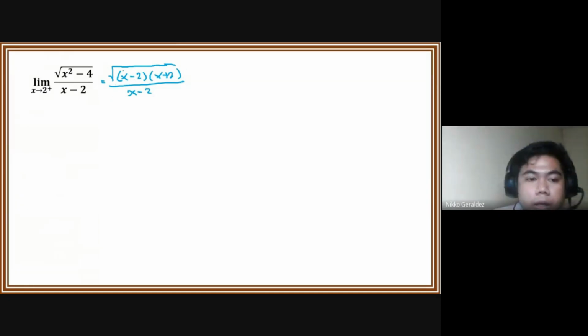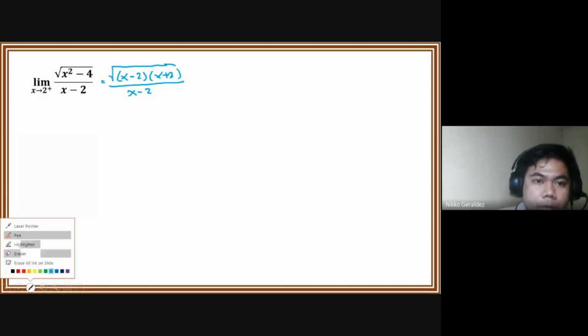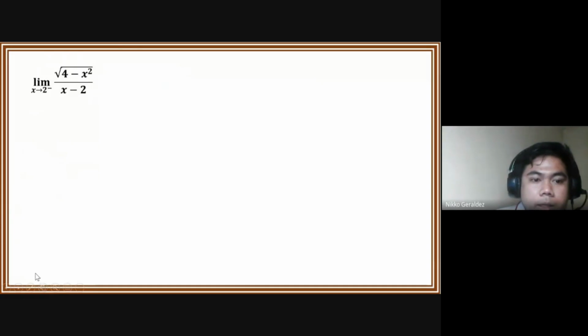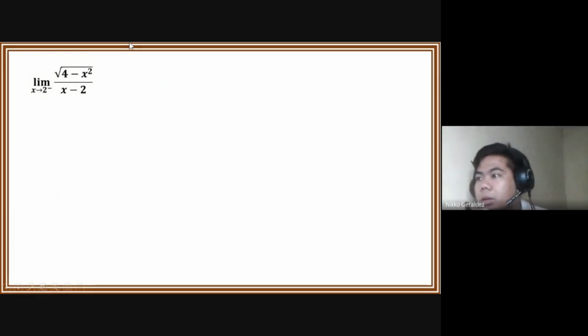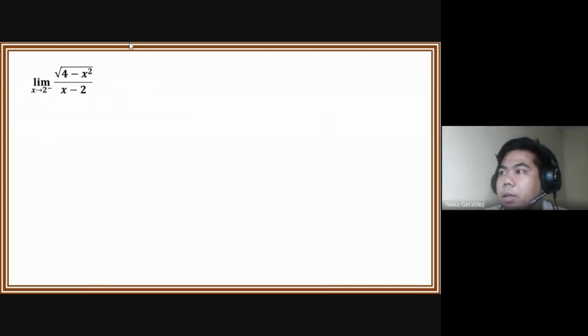Ay, yung numerator, naka-square root. So, kailangan, para maalis natin yung x minus 2, meron ding square root doon sa denominator. So, dapat magkaroon tayo ng square root of x minus 2. No? So, paano yan? Ano sabi ko kanina sa unang example?